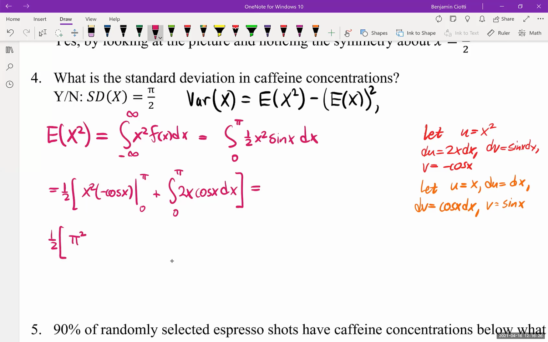Let's see, pi squared minus 0 plus 2 times, okay, uv is x sine x minus v du is minus the integral of sine x.